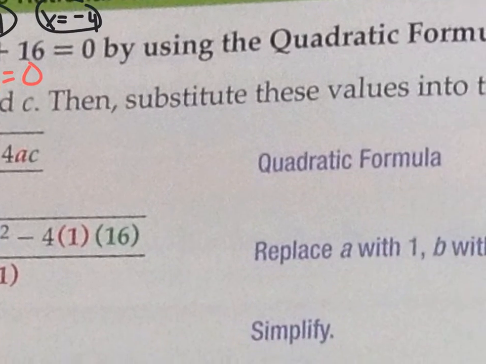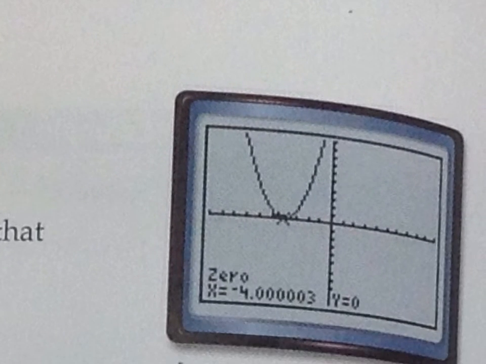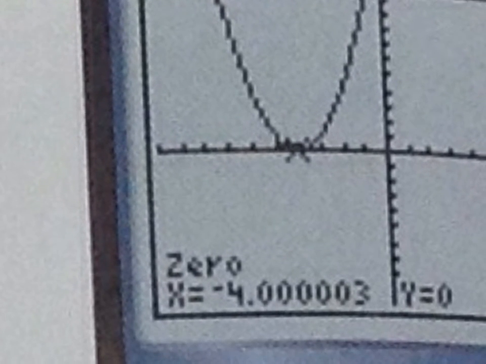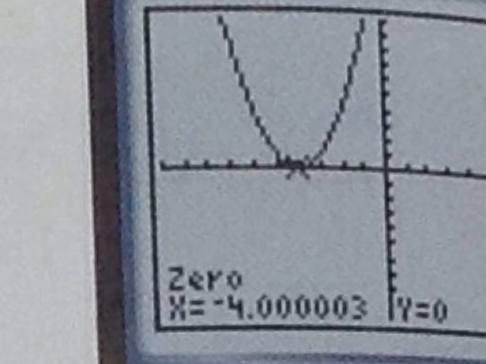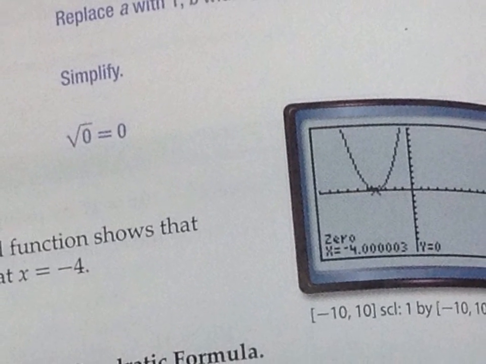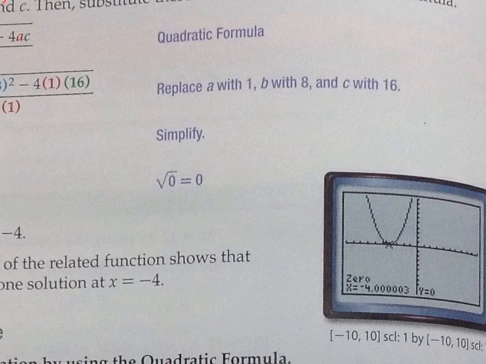It means that the graph is going to cross the x-axis where? At -4. And as you can see, here it is graphed in your books. It shows that it crosses at -4. So we need to keep in mind that the solutions are really x-intercept values, especially for the next section when we're transforming parabolas and dealing with vertex form.